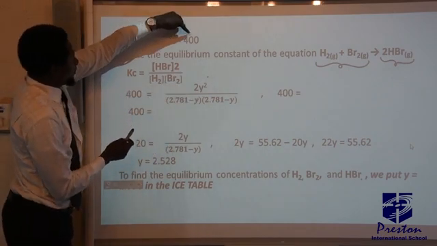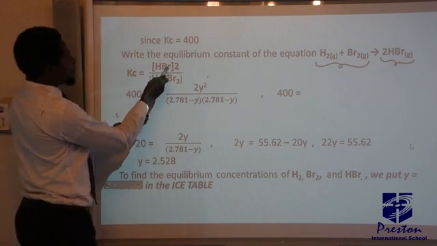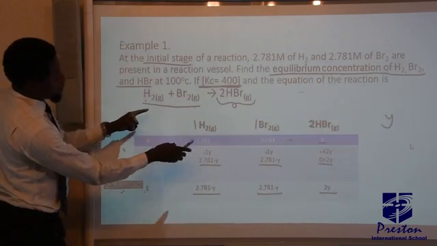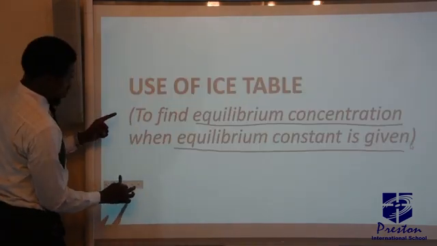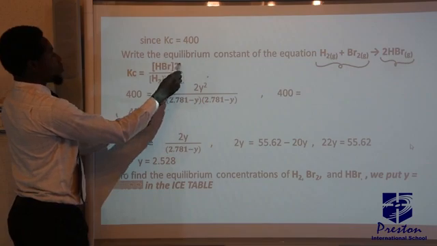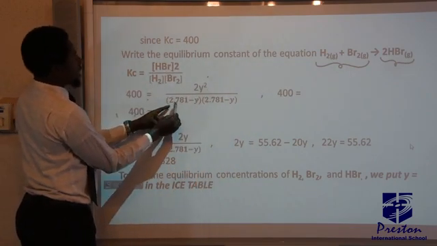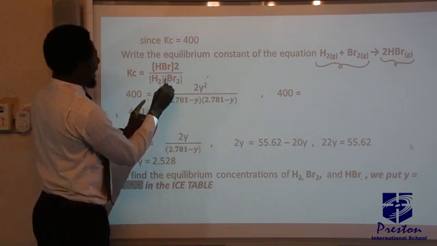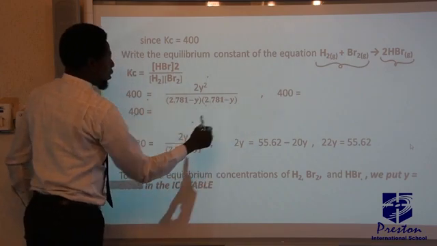Since our Kc is 400 in the question, 400 equals, what is our HBr from the ICE table? There's 2y. So you put 2y, then don't forget there's a square there. 2y squared divided by our H2, which is 2.781 minus y from the ICE table, then multiplied by Br2, which is the same thing, 2.781 minus y.